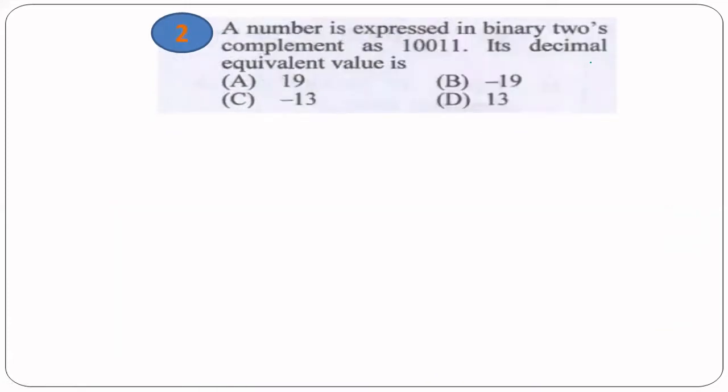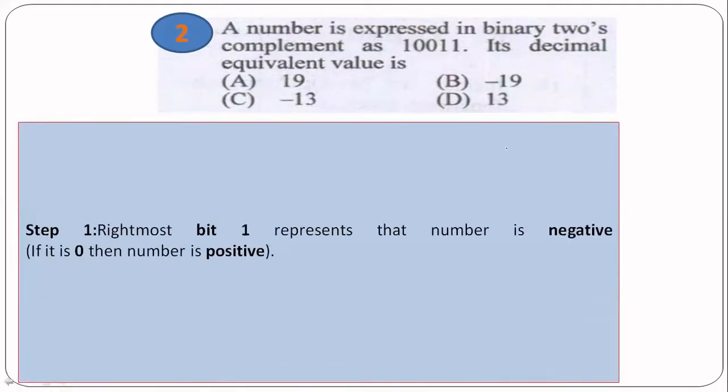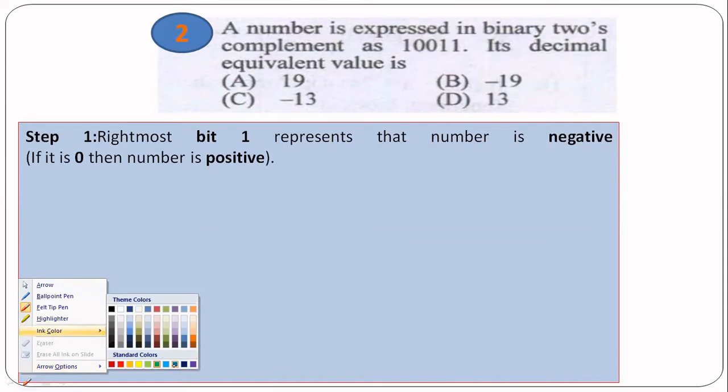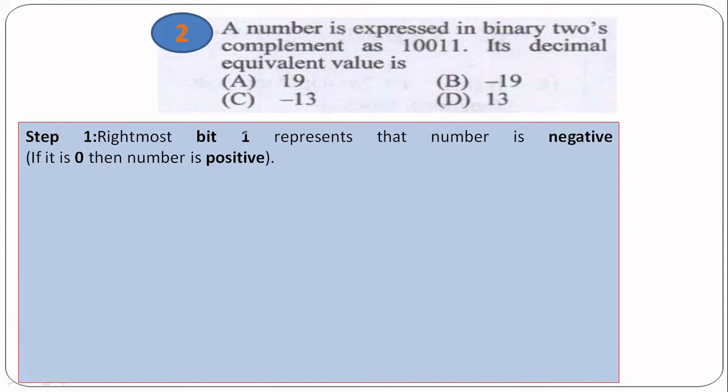A number is expressed in binary 2's complement as 10011. We need to find its equivalent decimal value. First, we look at the given data. If the leftmost bit is 1, it represents that the number is negative.